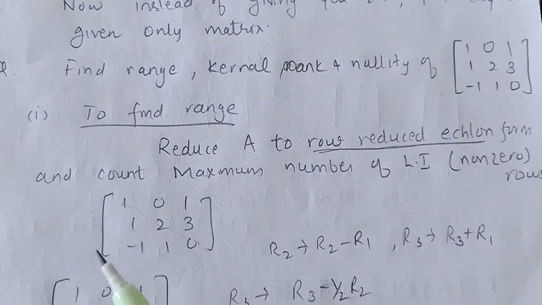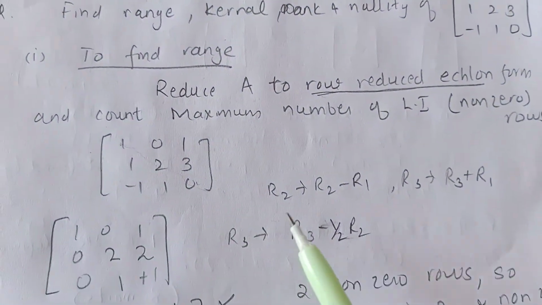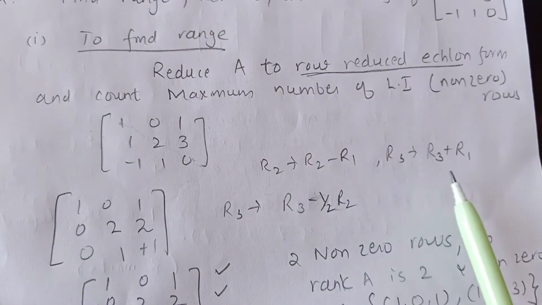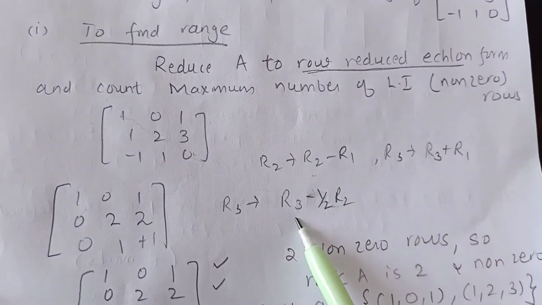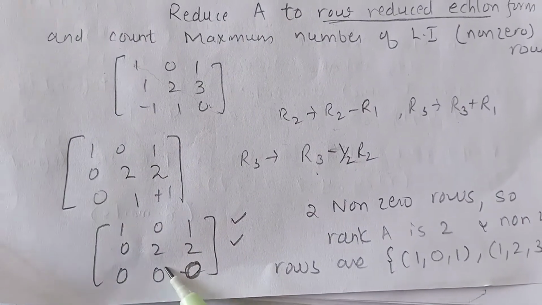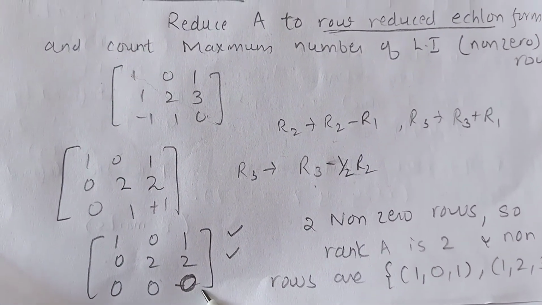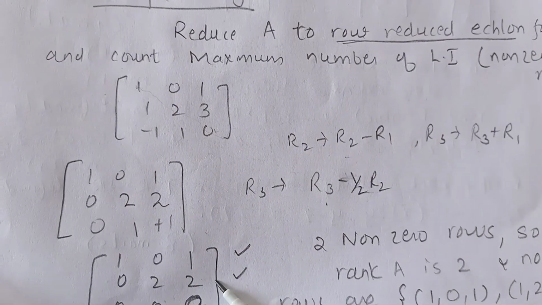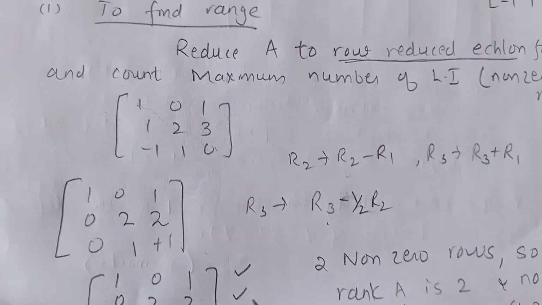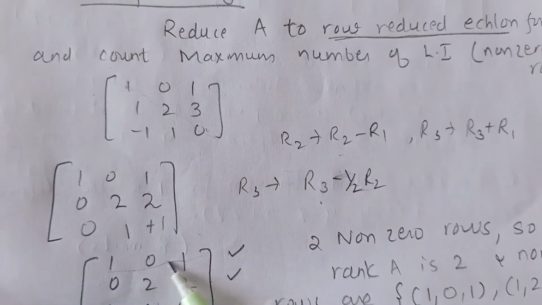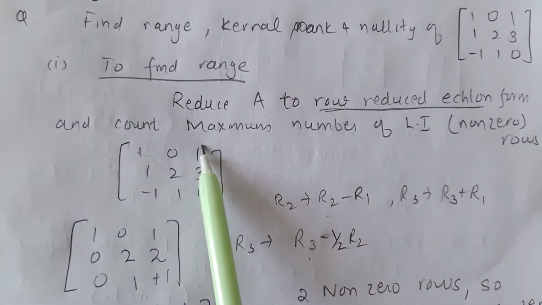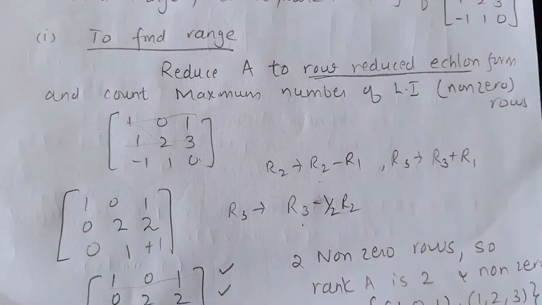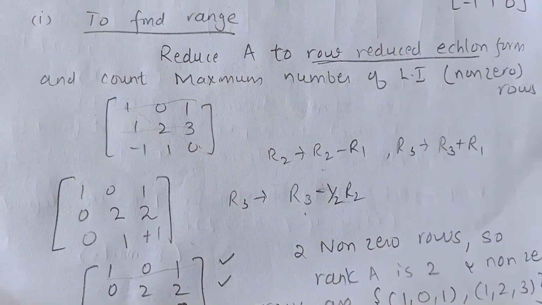All right. So I have applied a few row operations. You can easily see that within 3 row operations, this matrix has been converted into upper triangular form. Now you are to count only the non-zero rows. The number of non-zero rows will give you the rank of the matrix, and those non-zero rows, corresponding to the original rows, these two, will give you the range of this matrix.